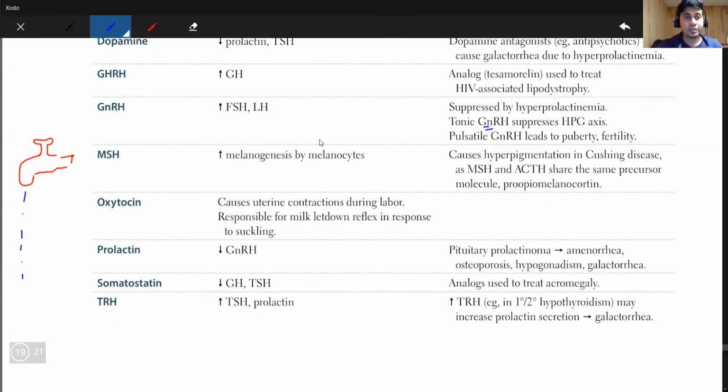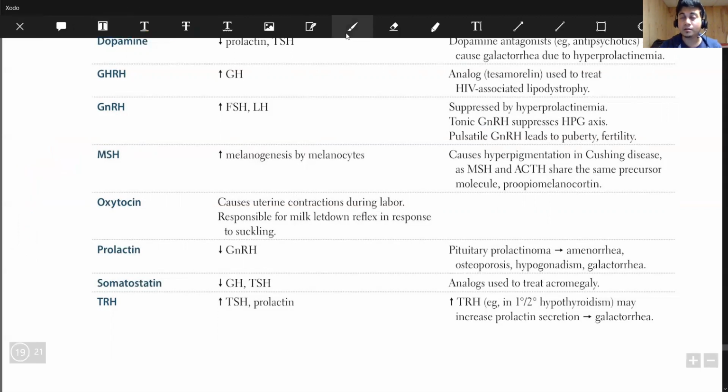But if there is a pulsatile release of GnRH, that means not tonic, because tonic means continuous. That means one drop goes down, then stops, another drop goes down. That means drop by drop or pulse by pulse. This release of GnRH stimulates puberty by releasing more FSH and LH.